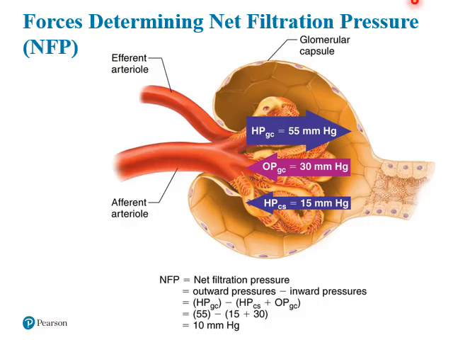Now, the reason for this 55 millimeters of mercury pressure is that the efferent arteriole is a high resistant vessel with a diameter that is smaller than the afferent arteriole.